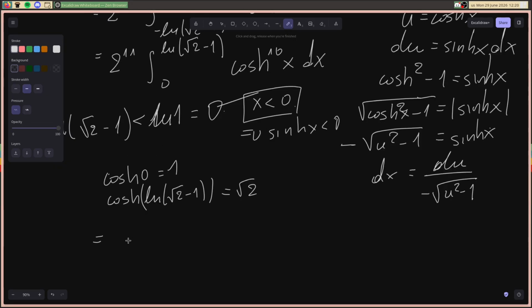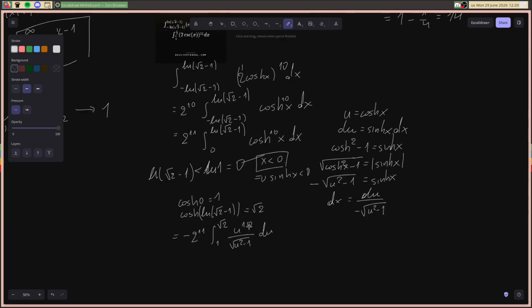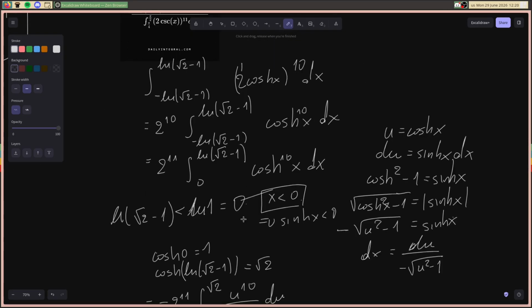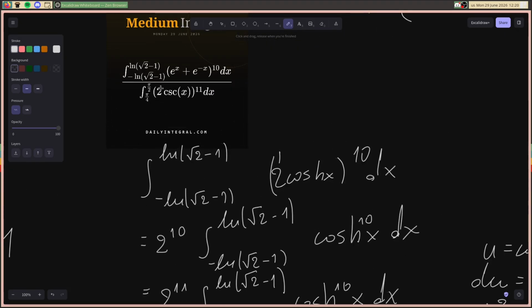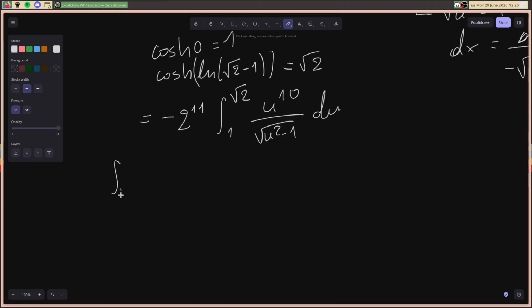So finally, this integral is negative 2 to the 11th times the integral from 1 to square root 2 of u to the 10th over the square root of u squared minus 1 du. And we could try to evaluate it, but I think we've done enough steps to where now we got a 2 to the 11th here, and if we can probably transform the other integral into something that looks like this, we are probably going to be in a good place.